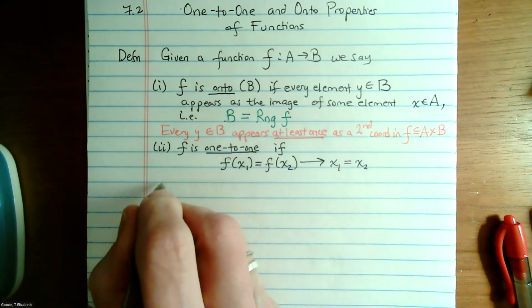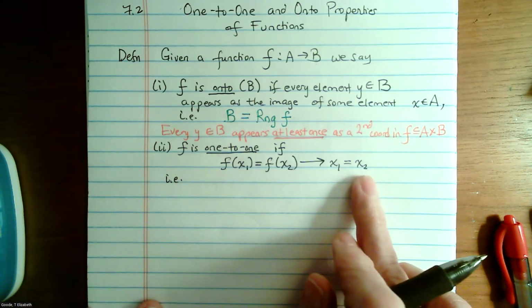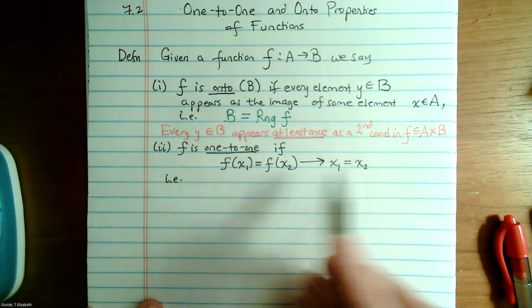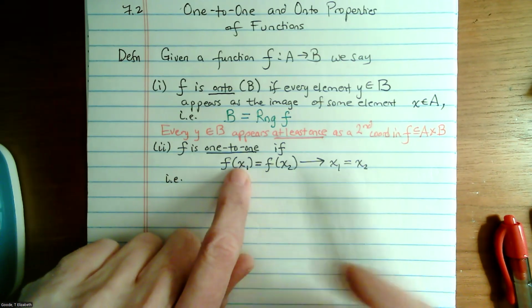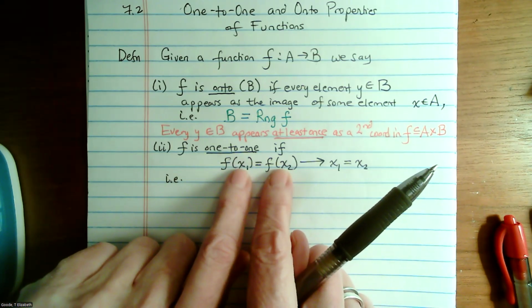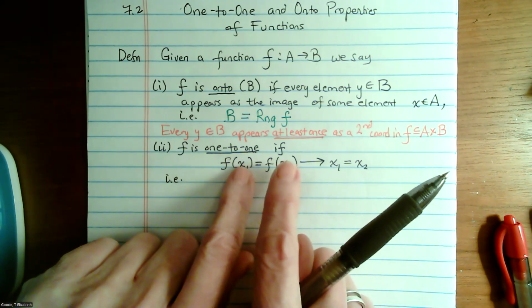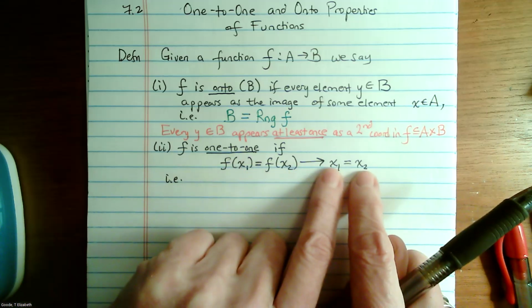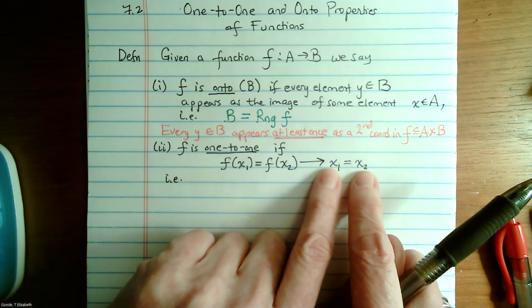Let's unpack this because that's kind of a confusing definition. It means that these are the y coordinates, right? The f values are the y coordinates. If you have two y coordinates being the same, if they're equal, then the x coordinates actually had to be the same.